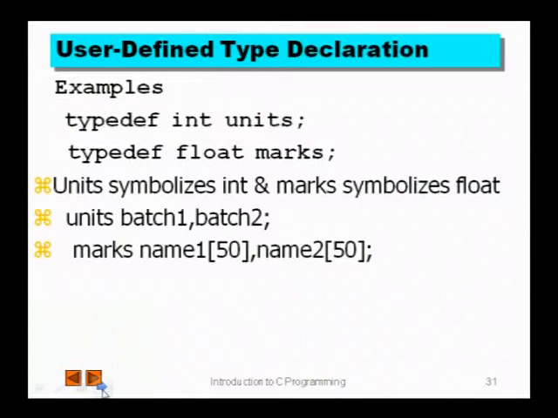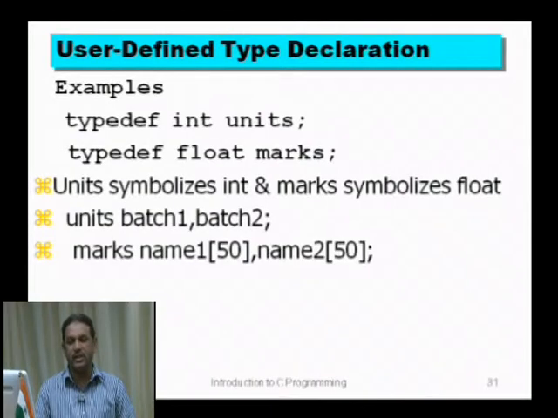Instead of integer, we can define it as units, since we have already declared units as type integer. Similarly, we have declared marks of type float, name 1 of 50 and name 2 of 50.